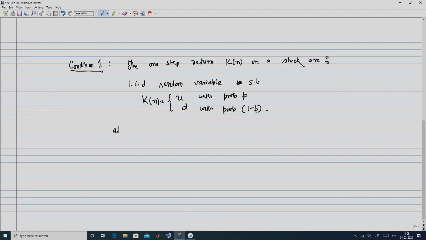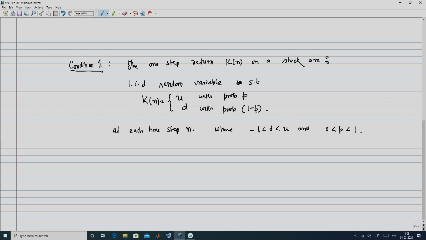Now, this will happen at each time step n, where I need to put these conditions. One of the conditions would be minus 1 less than d less than u, and the second is 0 less than p less than 1.